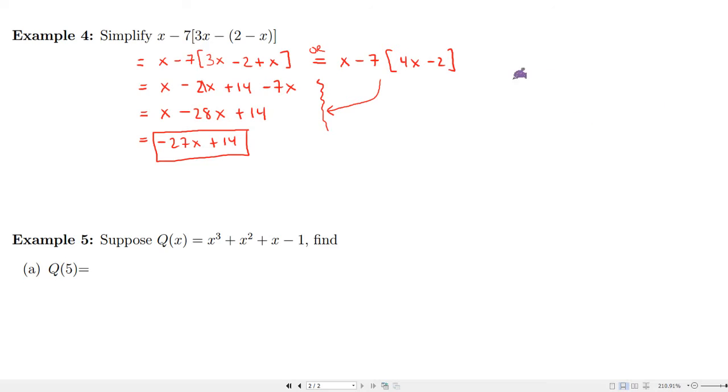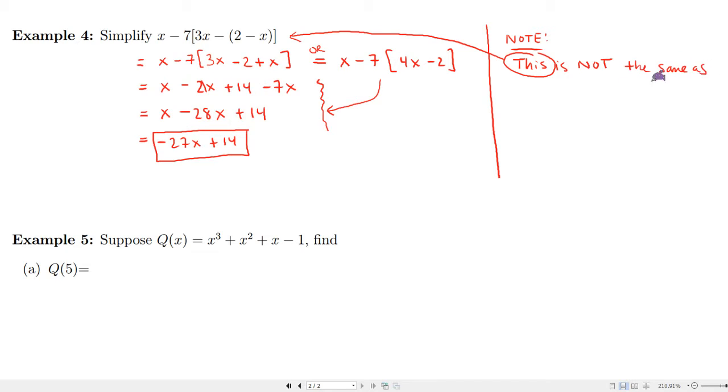But one thing I just want to point out is note that what we're writing right there is not the same as writing this. If I wrote x minus 7 in parentheses like this, I just want you to notice that when I write the x minus 7 in parentheses, we mean that that whole term would get distributed.